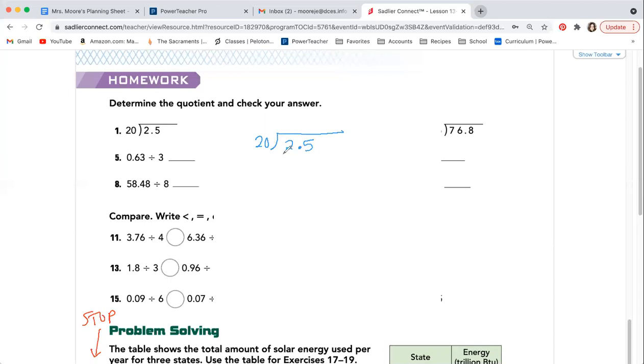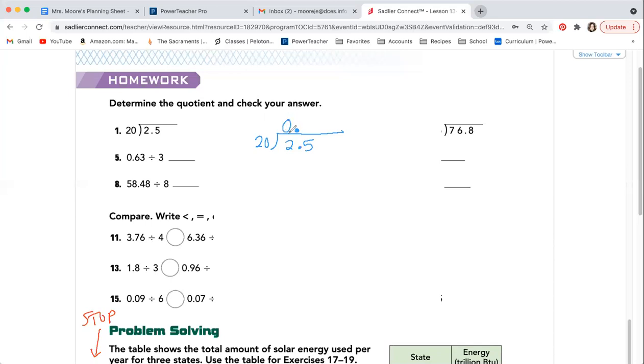We have to first push the decimal point up into the quotient, right? And then we start asking ourselves long division questions, right? What's the first question I ask? How many times does 20 fit into 2?